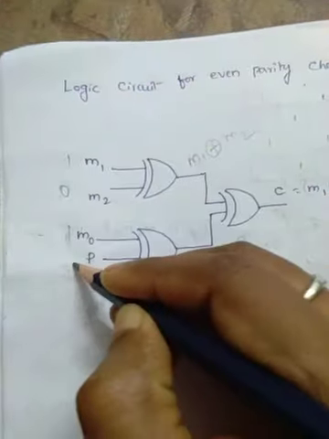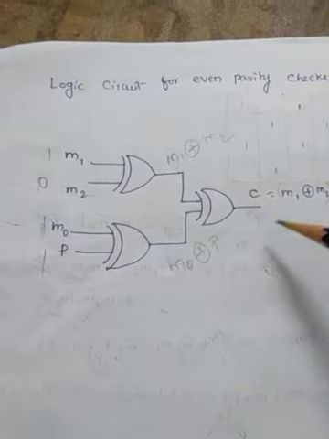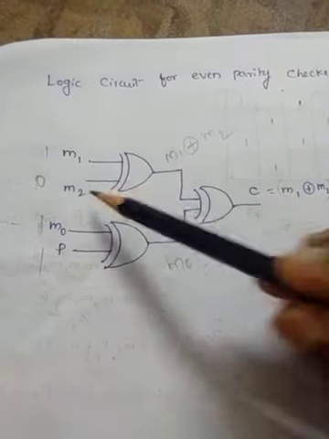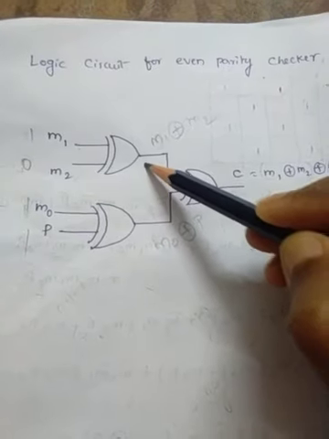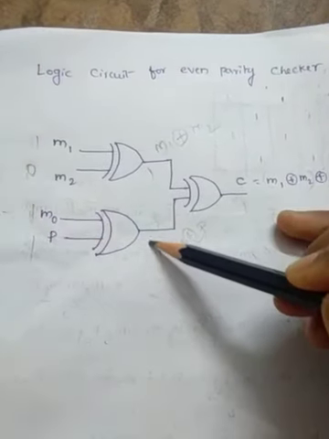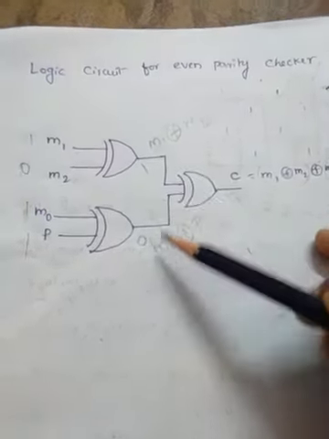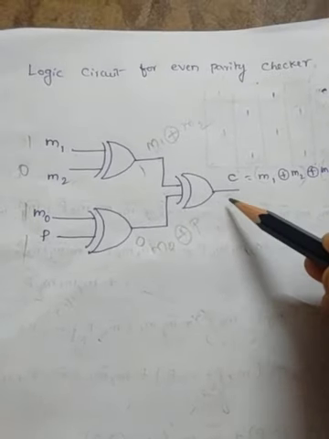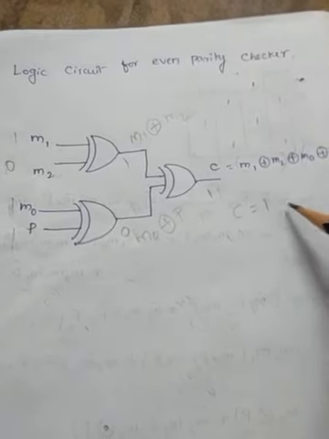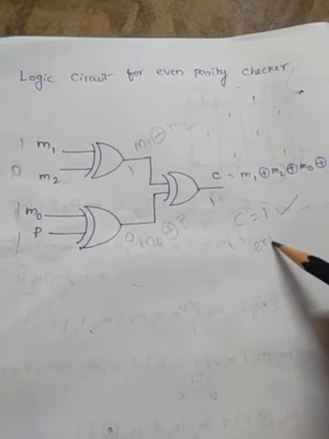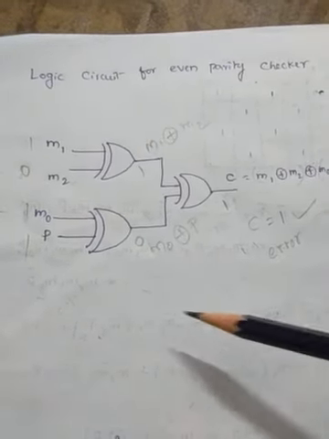For example, the receiver receives 1011. So this is the received data. Let us see what the check bit is for this combination. For 1 0, the output of this XOR gate is 1, and this is 0. Here the check bit is 1, so it represents there is an error in the received data.